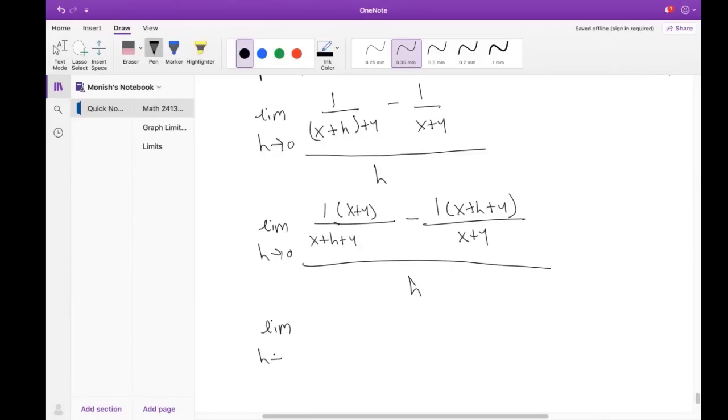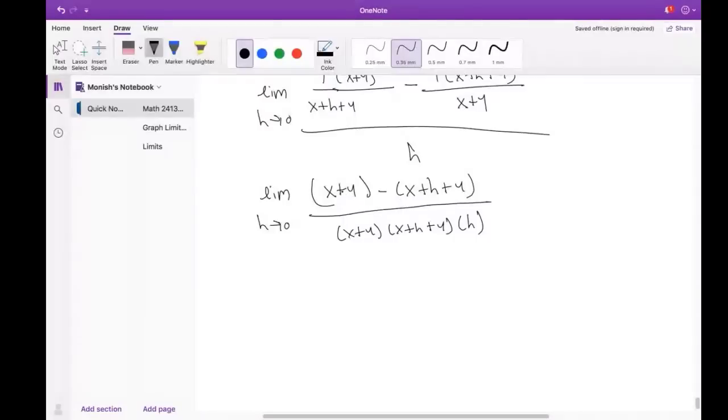So now this would become x plus 4 minus x plus h plus 4. And then your common denominator now is x plus 4 times x plus h plus 4. Then you also have your h.